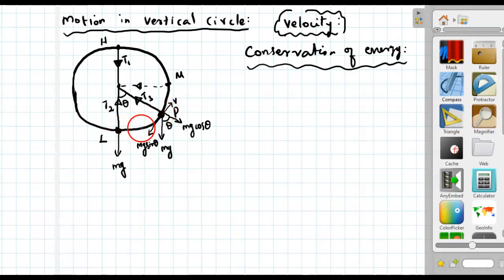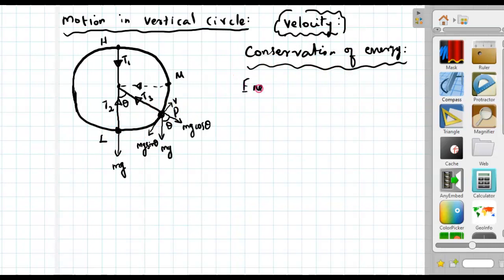As it is going upwards, the kinetic energy is reduced and the potential energy is increased. So at the point P, it has both kinetic and potential energy. At the point L, it has only kinetic energy. The sum of kinetic and potential energy at the point P is equal to the kinetic energy at the point L, that is the conservation of energy.